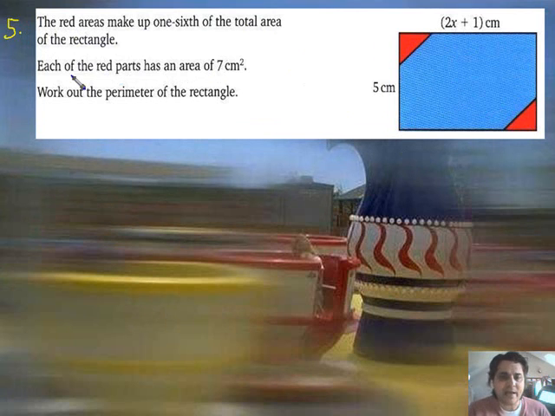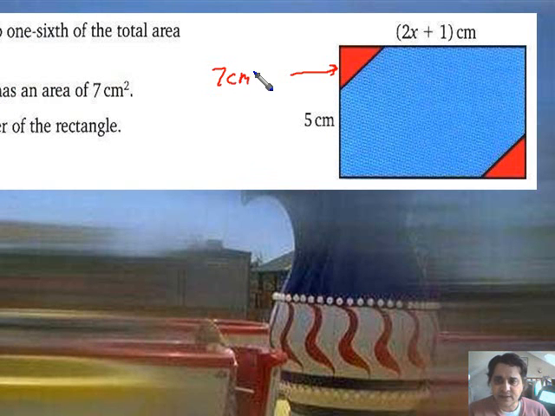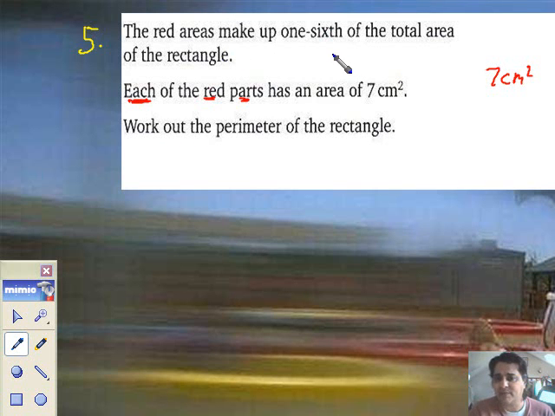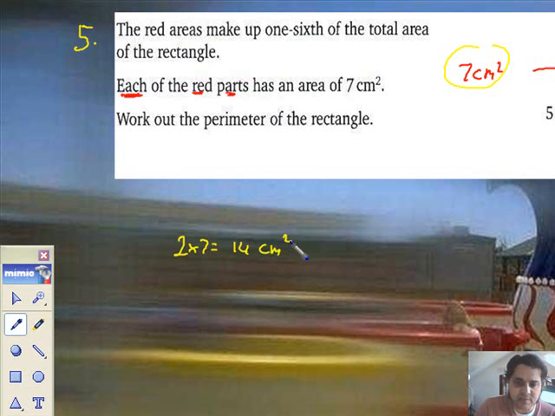Now each red part, please note the word each red part, has an area of 7 centimetres squared. So I'm going to label that 7 centimetres squared, and that one 7 centimetres squared. And I'm told that the red areas make up 1/6 of the total area. So I've got 2 lots of 7 makes 14 centimetres squared.